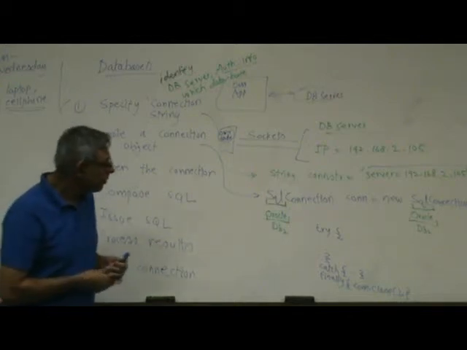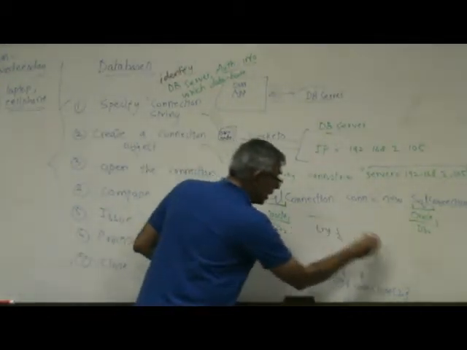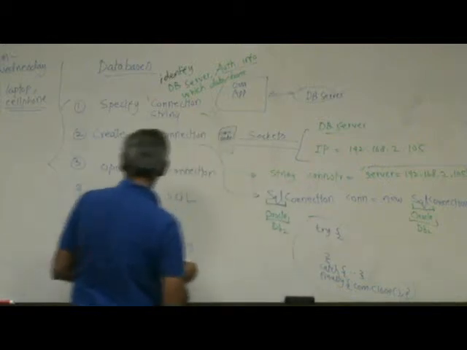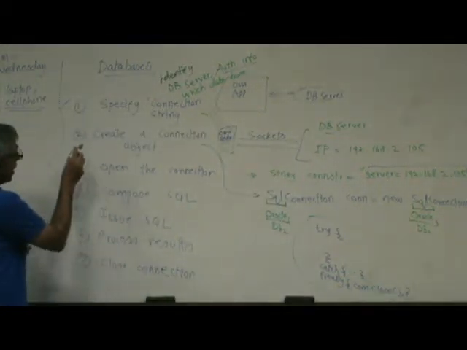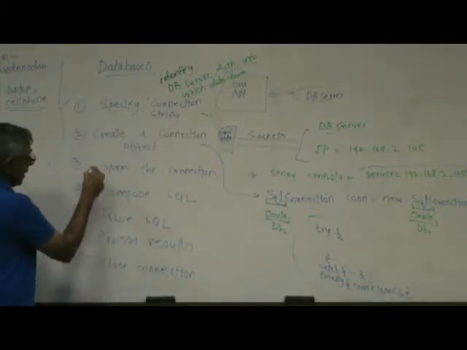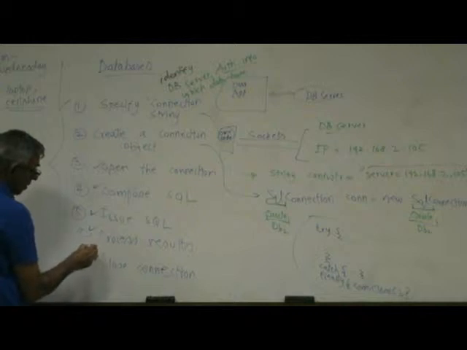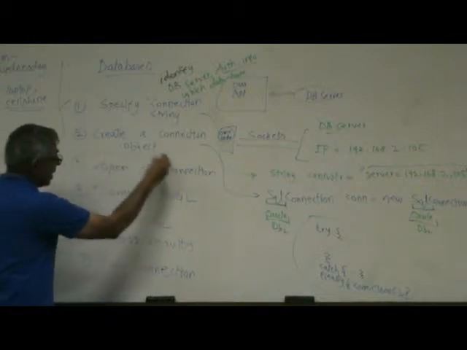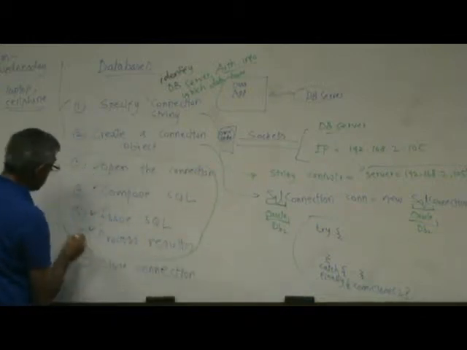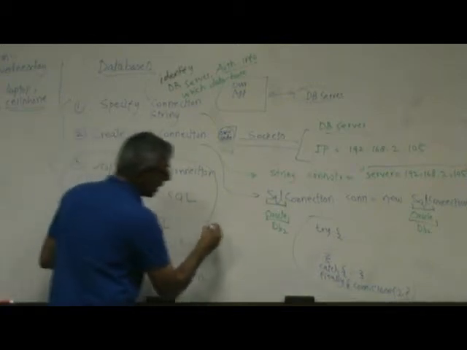Okay? So this part over here, all of these steps, compose SQL, issue SQL, process records, all of these are done. So steps 3 through 6 are done over here.